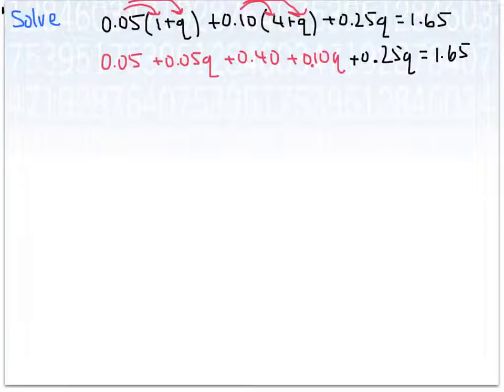To finish off simplifying each side separately, we need to look at the left side and notice that we have like terms that we're going to want to combine. So I'm going to look at the variable parts first, 0.05 Q, 0.10 Q, and 0.25 Q. I'm going to add those together to get 0.40 Q. I'm also going to want to look at the constants, 0.05 and 0.4.